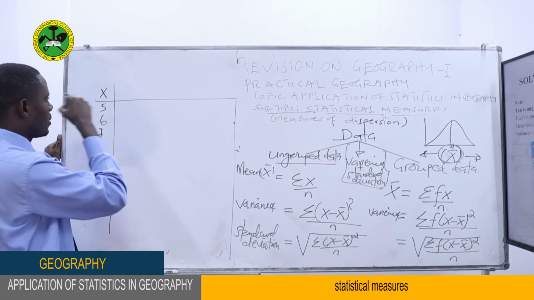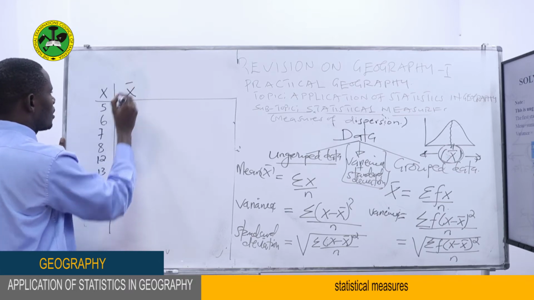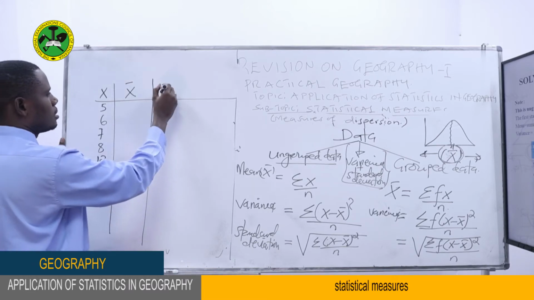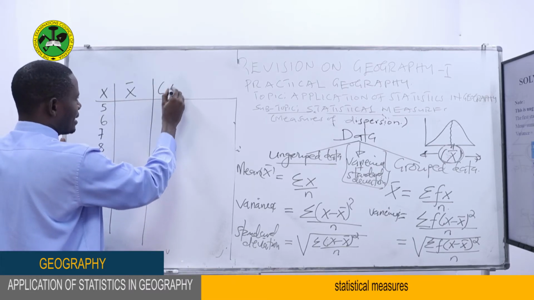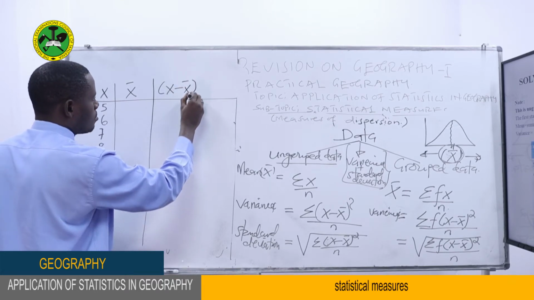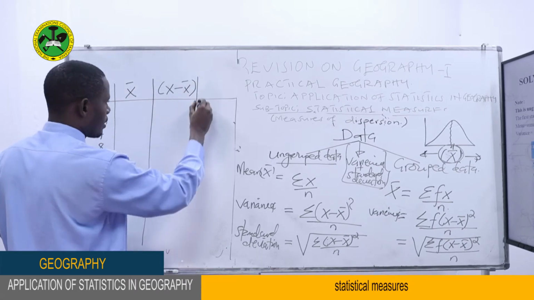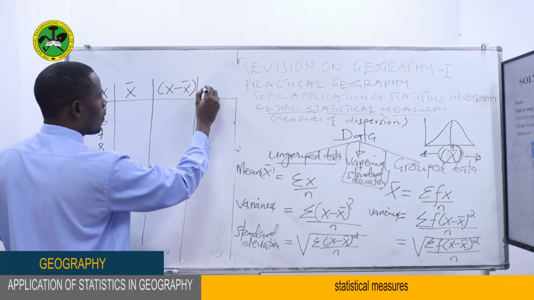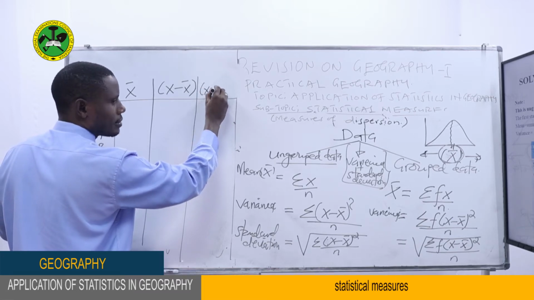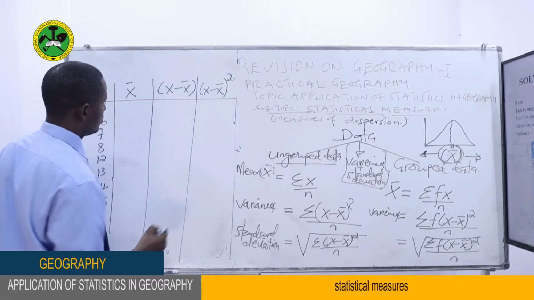But then the next column should be for the mean, x bar. And then we should develop another column for x minus x bar, and again another column for x minus x bar squared.